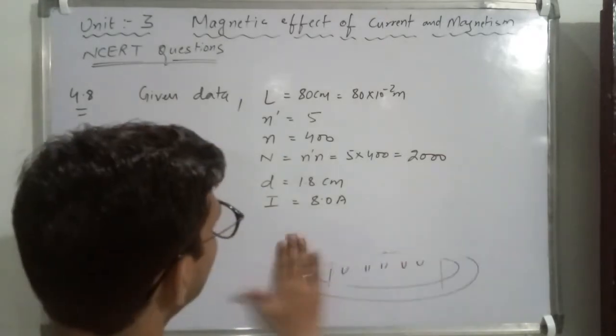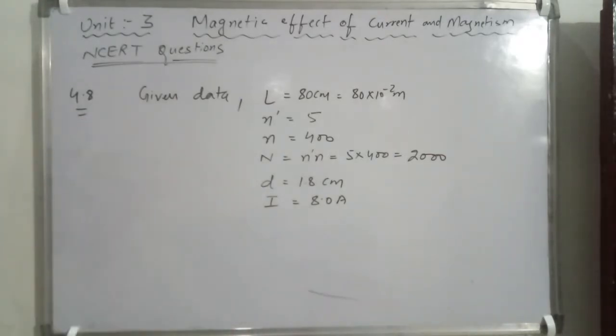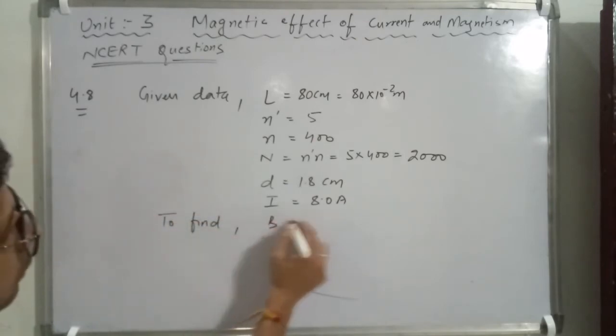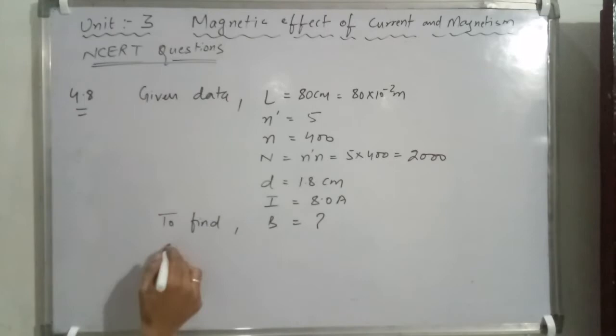So we have to find the magnetic field at the center of the solenoid.